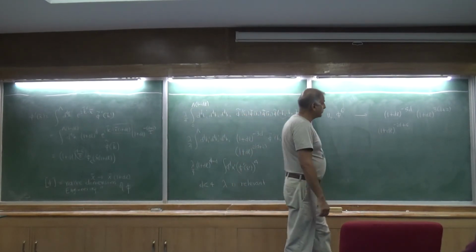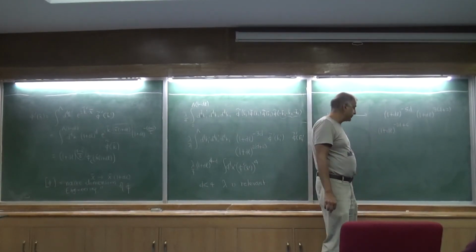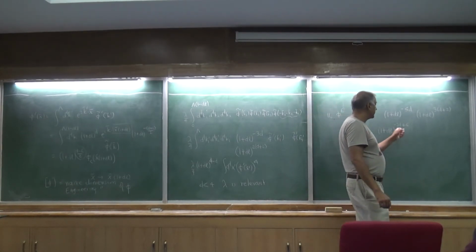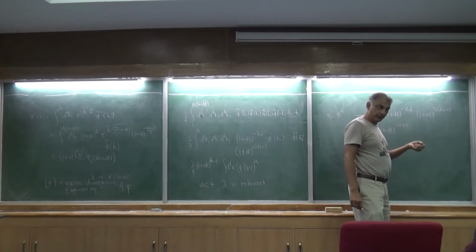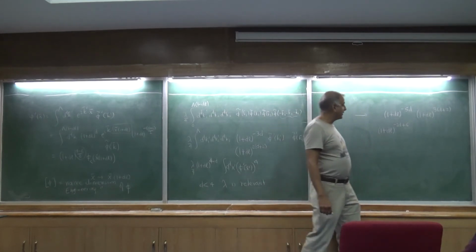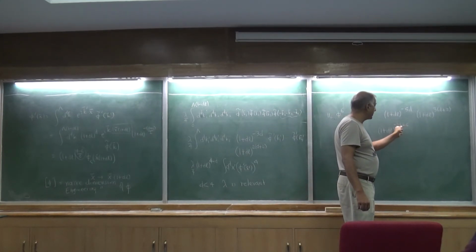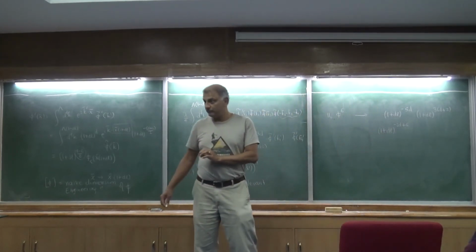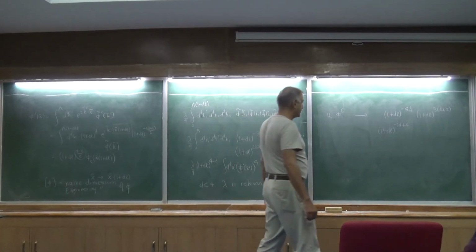So now the question is, is it relevant or is it irrelevant? If d is 4, then this is minus 8 plus 6 and it shrinks. So it's irrelevant. What about d equals 3, which is the world we live in? For d equals 3, this is minus 6 plus 6, which is 0. So d equals 3 is marginal. This is a marginal coupling for d equals 3.